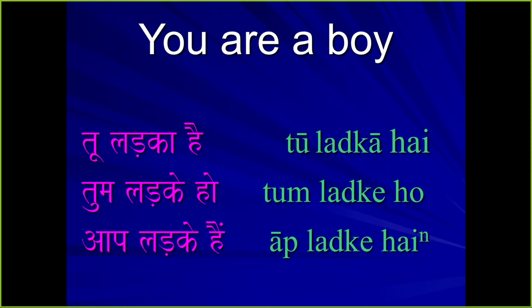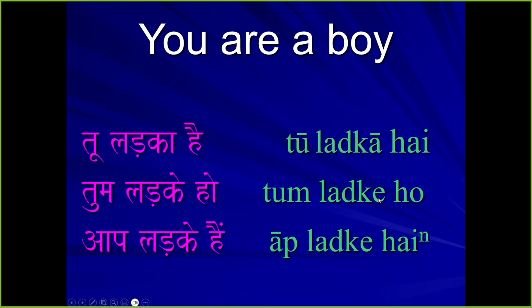Now, for example, if we take you are a boy, it could be said in three different ways. So Kavina, read this for me. तू लड़का है. तुम लड़के हो. आप लड़के हैं. Now you also see the word ladka means a boy, but as soon as we use it with tum and aap, it changes to ladke.